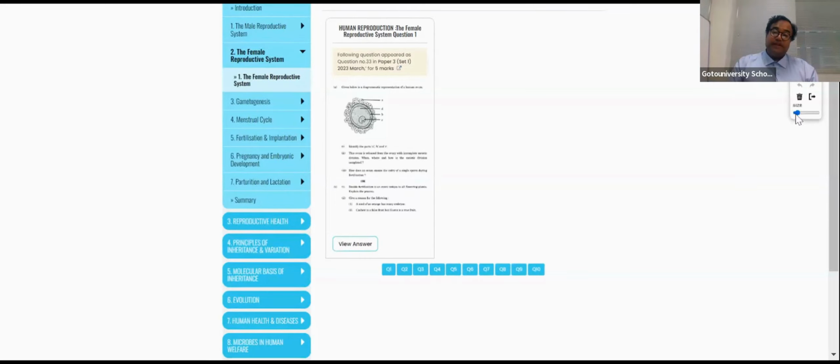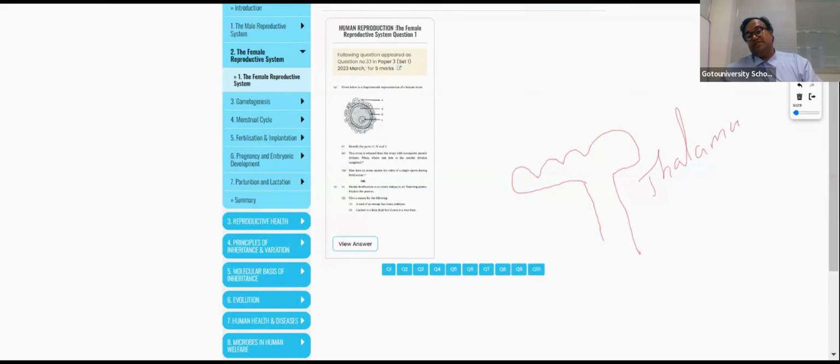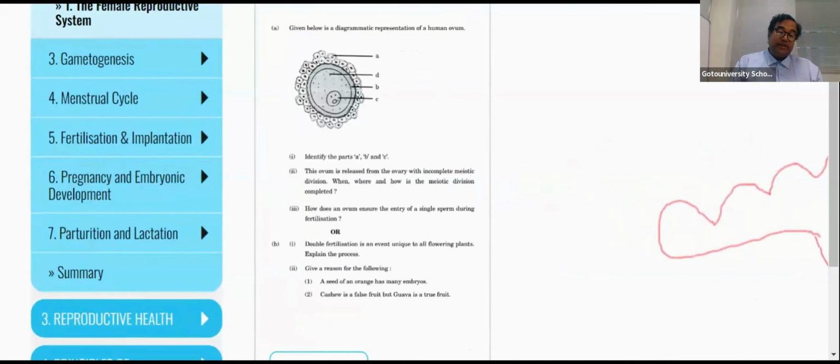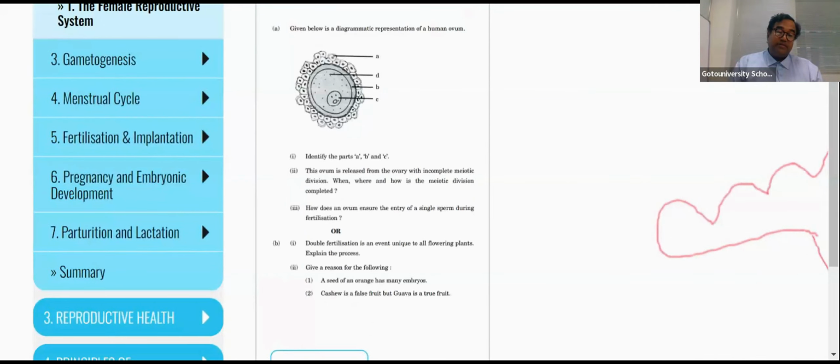This thalamus is mainly responsible for the formation of the fruit. In the case of apple and cashew nut, the thalamus structure is becoming the fruit. That is the message we need to understand. That is the reason why it is called a false fruit.